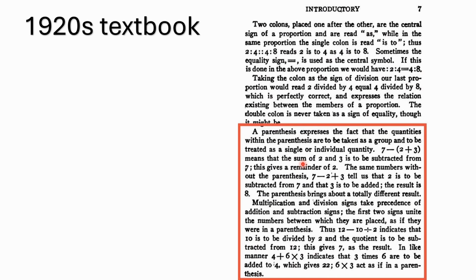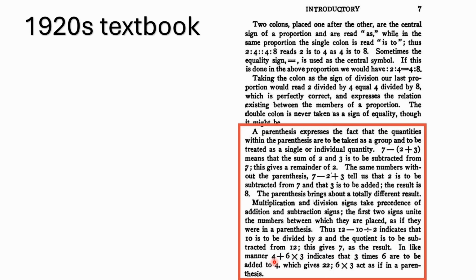Here's a 1920s textbook. It's very clear in here as well. They give this example, 12 minus 10 divided by 2. It says, thus, 12 minus 10 divided by 2 indicates that 10 is to be divided by 2, and the quotient is to be subtracted from 12. This gives 7 as a result.